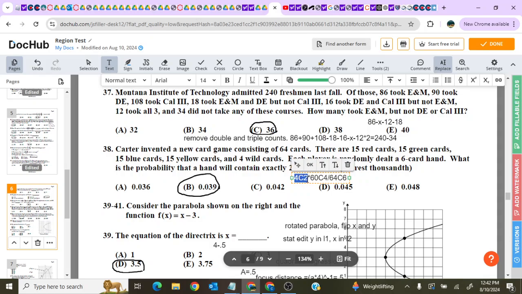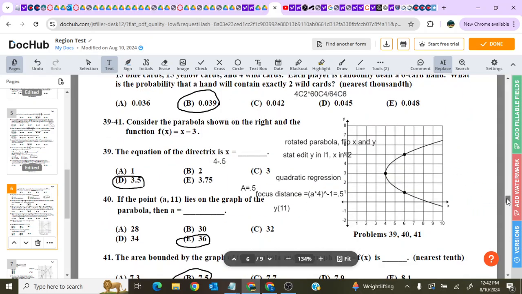There are 4 combination 2 ways you can get 2 wild cards selected, because you don't really care about order in cards. And there are 60 combination 4 ways that 4 non-wild cards of the 60 can be selected. And then you have to divide by the number of ways total a hand can be given. So 64 combination 6. And you get a probability of 0.039.